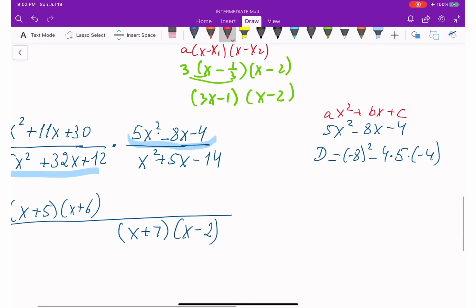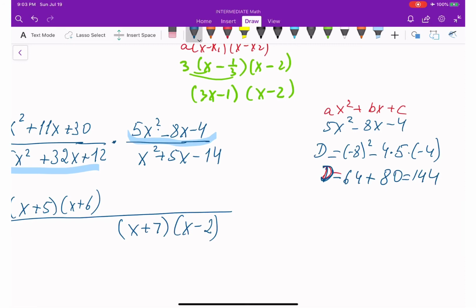So the discriminant is 64 plus 20 times 4, which is 80. So we get 144, and the square root of 144 is 12. Okay, working well.